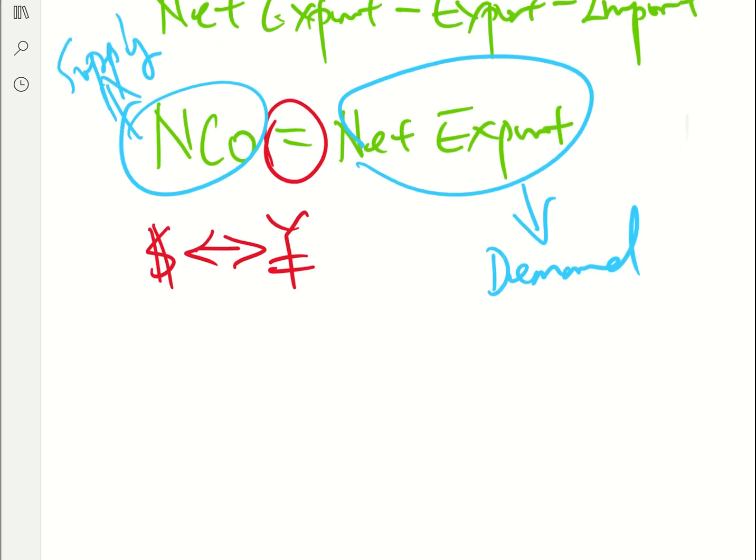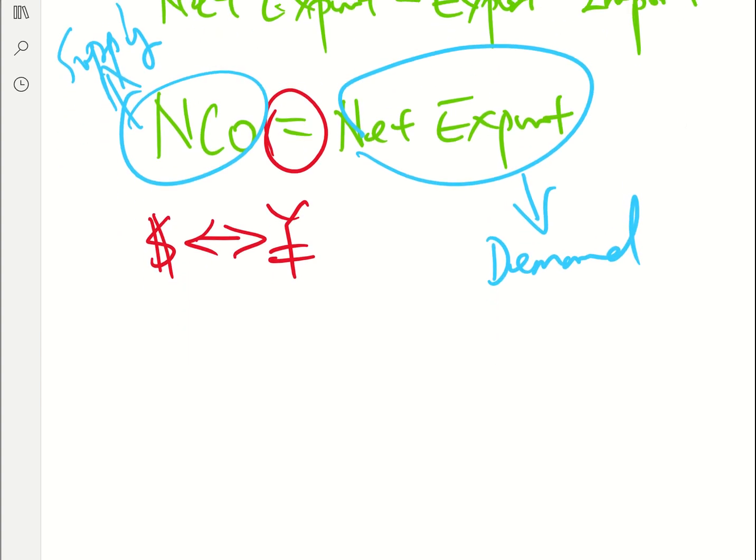Now, the reason why NCO is the supply side of the market, remember NCO, again, this is the net capital outflow. So it's how much money is going out. So if I want to take the money out of the country, let's suppose I want to take my money from the US, which is dollar, to Japan, which is Japanese yen, I have to convert the dollar to Japanese yen first.